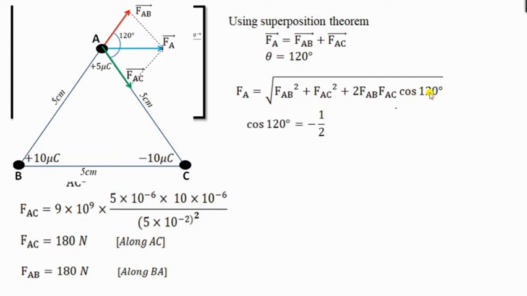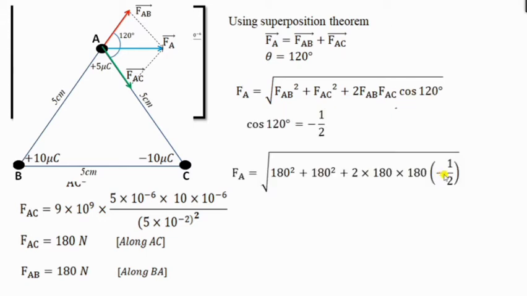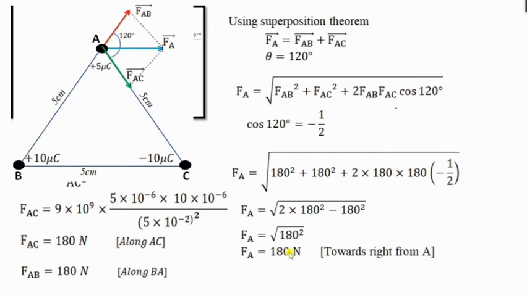Cos 120 is minus half, so this 2 and this 2 get cancelled and this minus will come in front. So now this is 180 square minus 180 square, so this is 180 square, so you cancel this square and root, so this is 180 Newton towards the right from A.